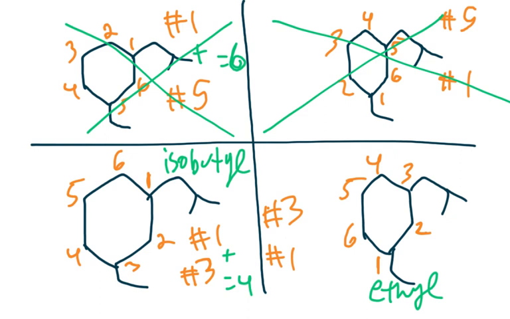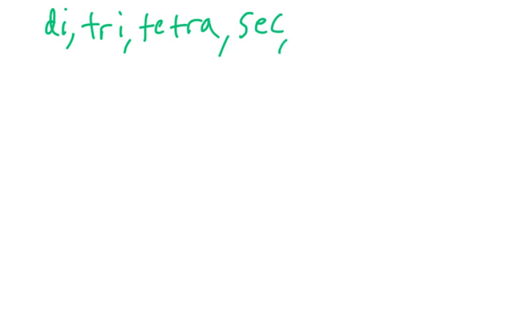So this is where we should deviate just a little bit and talk about certain prefixes that you may have already heard. So for example, we're going to just for a little bit talk about di, tri, tetra, right? And what other common ones do we know? Sec, tert, what other prefixes are there? Iso, cyclo, right? So which prefix here counts alphabetically when naming compounds?